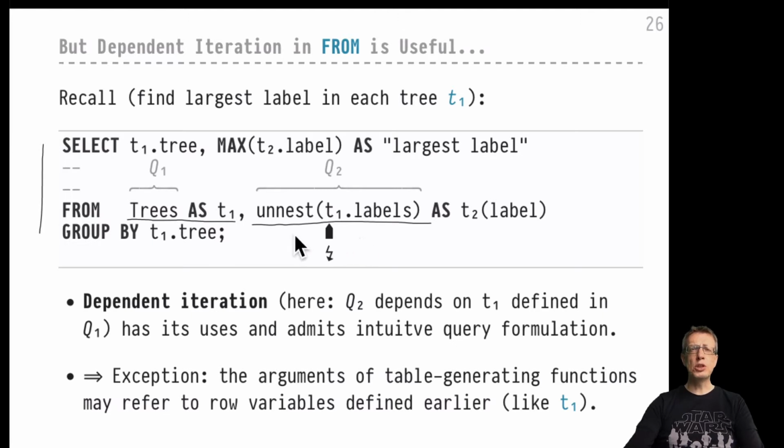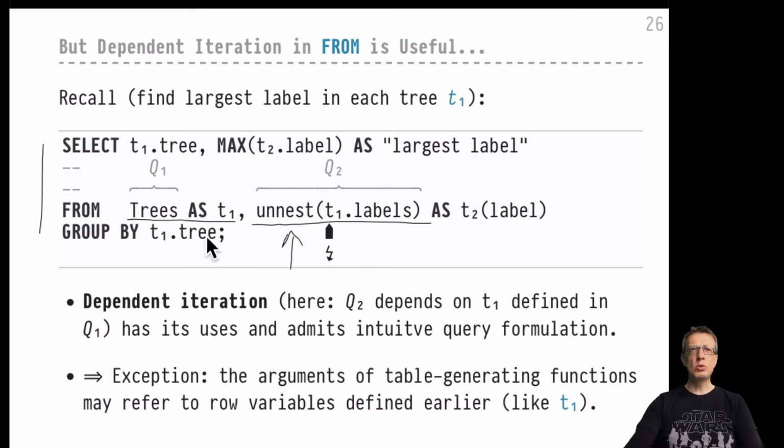Tabular functions, table generating functions or set generating functions like this honest function, they are indeed allowed to refer to row variables that have been introduced earlier. So T1 introduced here on the left, T1 immediately used on the right of the comma here. That's perfectly fine because we are dealing with a table generating or set returning function like honest in this case.